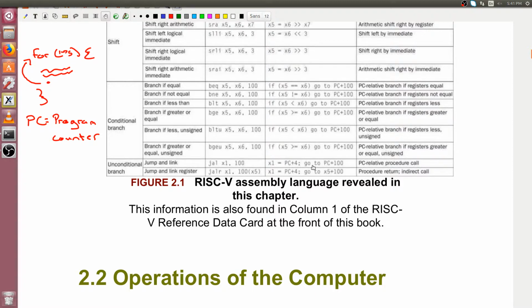So this is basically saying x1 is equal to PC plus 4. We want to go to PC plus 100, so plus this offset. And then for this link register, we're doing a procedure return with an indirect call. So our unconditional branches are the only ones that have immediate inputs.